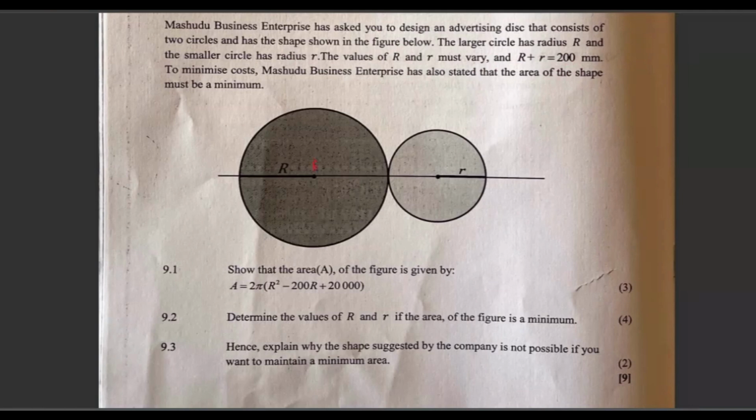The distance between the centers is 200 millimeters. So to minimize costs, the business also stated that the area of the shape must be minimum. So the area of this and the area of that. Show that the area of the figure below is given as this.